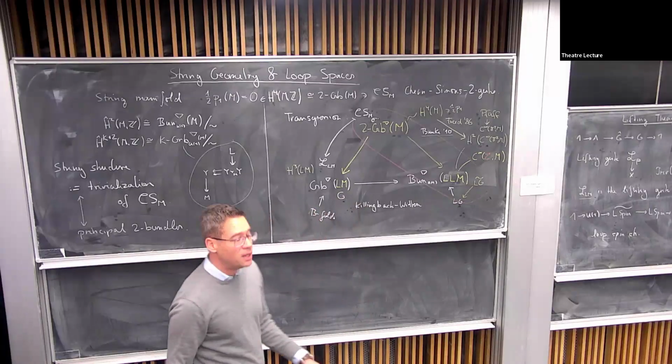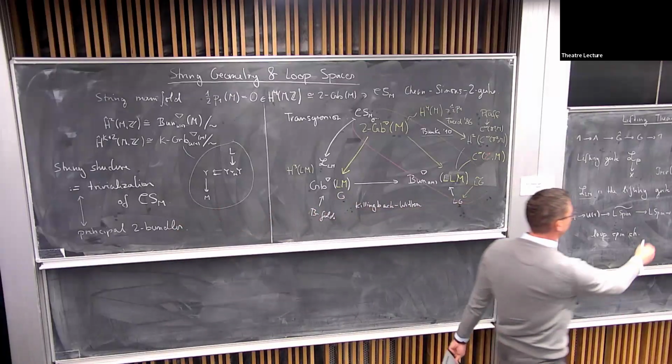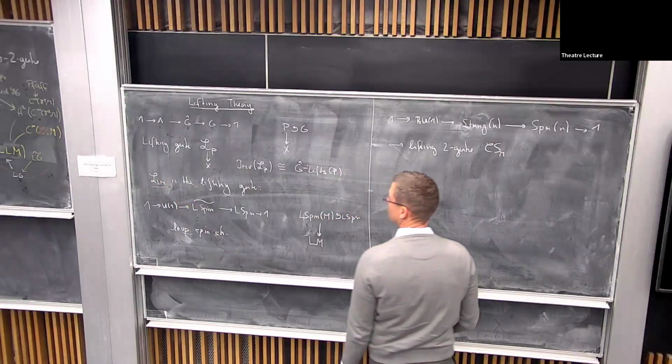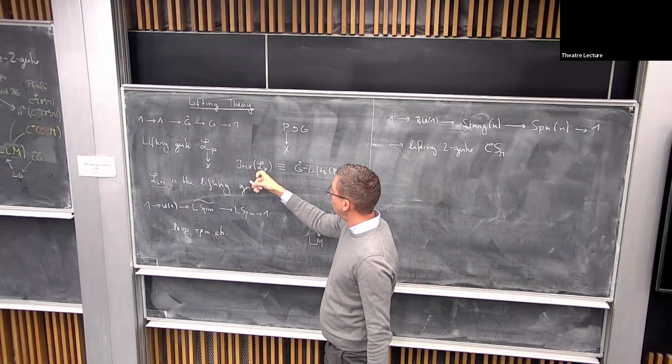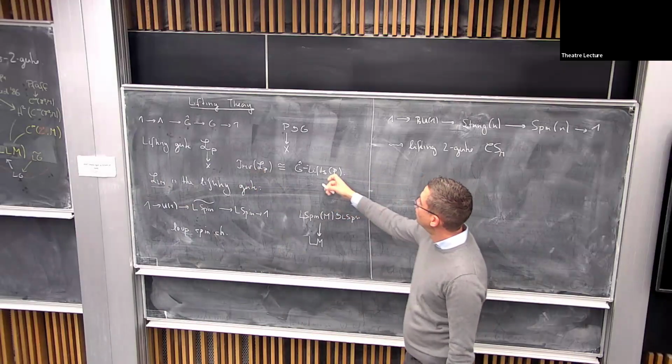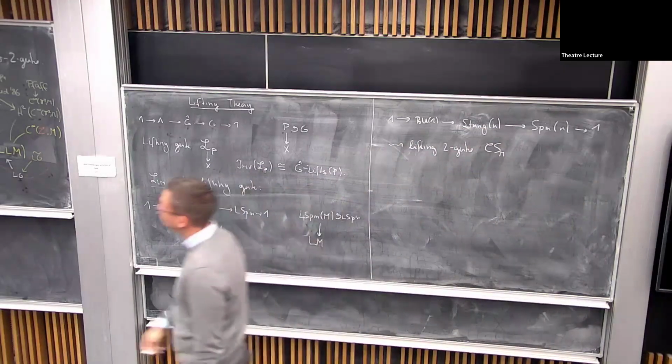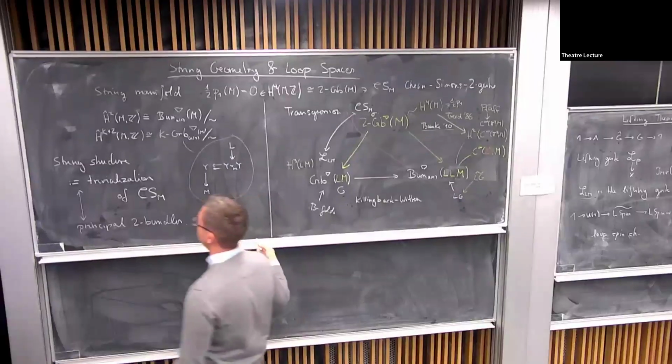By this theorem, which straightforwardly generalizes to the 2 case, the trivializations of the Chern-Simons 2-gerbe correspond to the lifts. And this gives the alternative formulation of string structures.